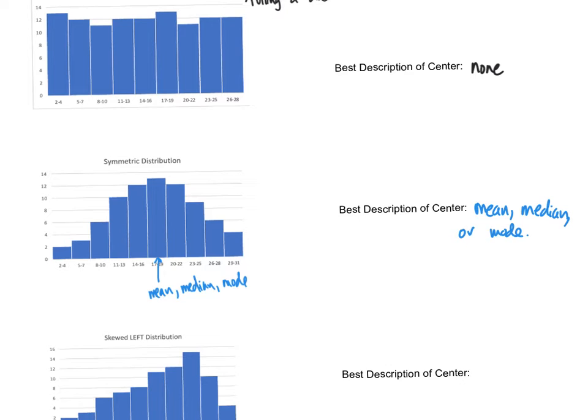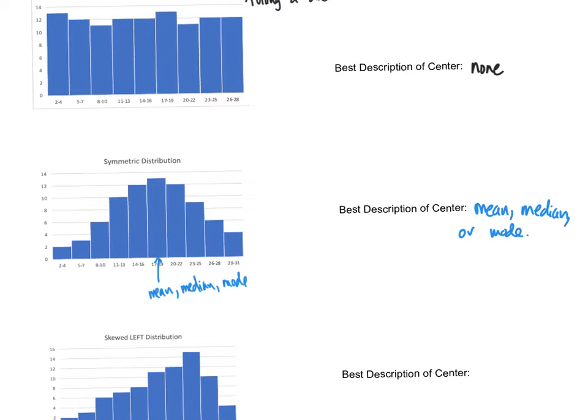That just wouldn't work. Or you could say none. But anyway, back to symmetric. So the middle is always going to be the same for the mean, median, and mode. And if it's not identical, it'd be pretty darn close. They'd be about the same. Because that's where the most happens, that's where the middle is, and if you average it all up, it'd be around there as well.